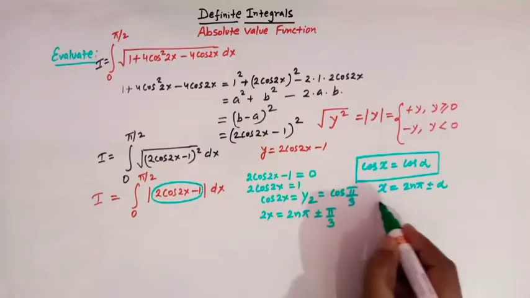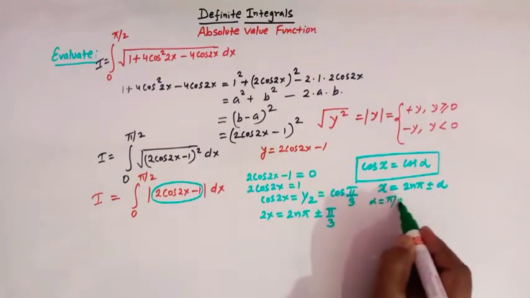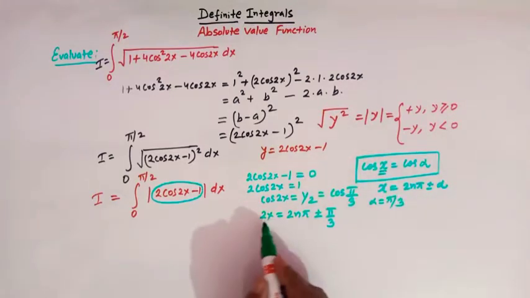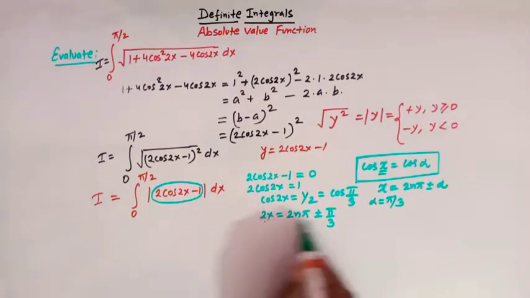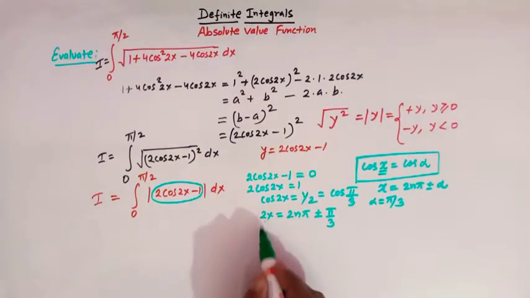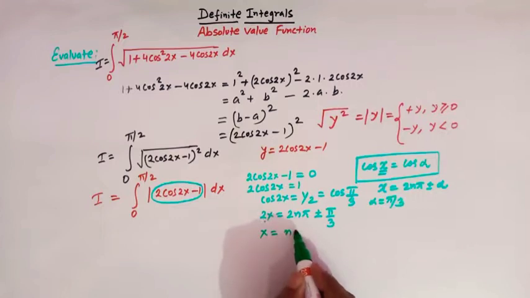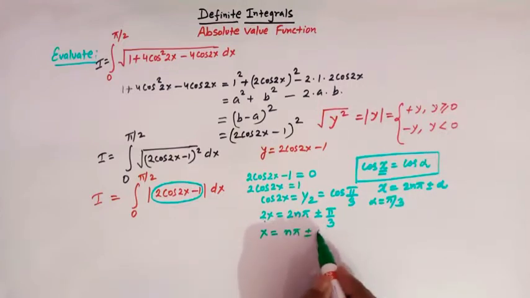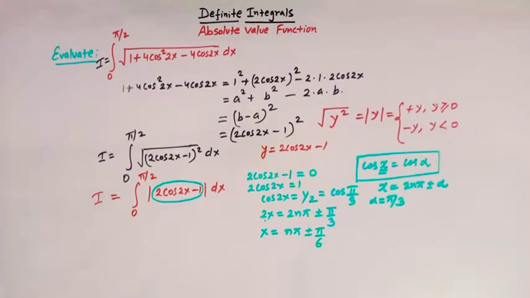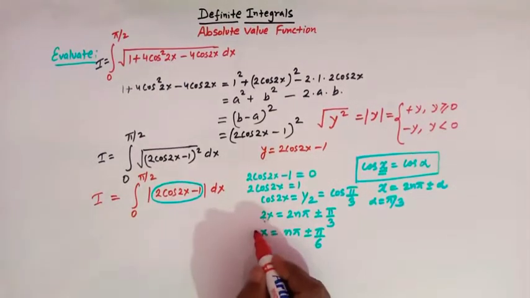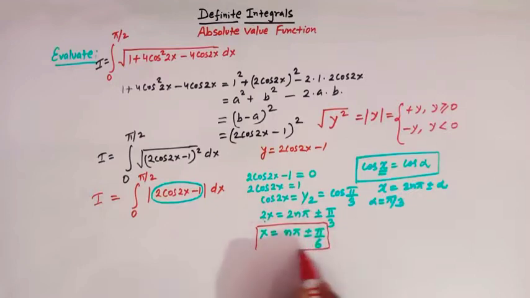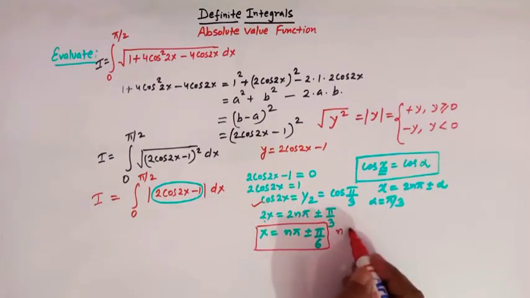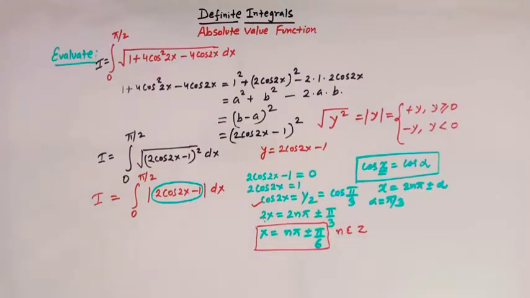Here alpha is pi over 3, and for x we have 2x. Now dividing both sides by 2, we have n pi plus minus pi over 6. This is the general solution of this trigonometric equation, where n is an integer.